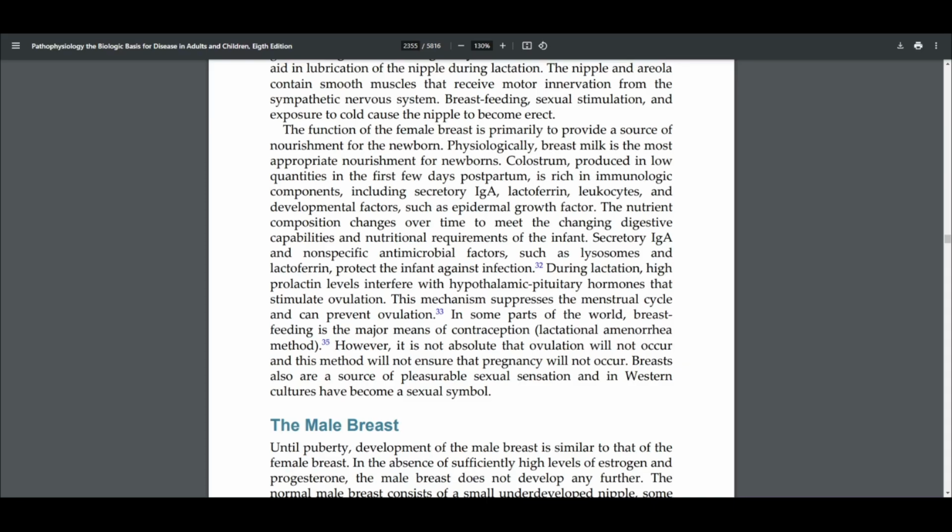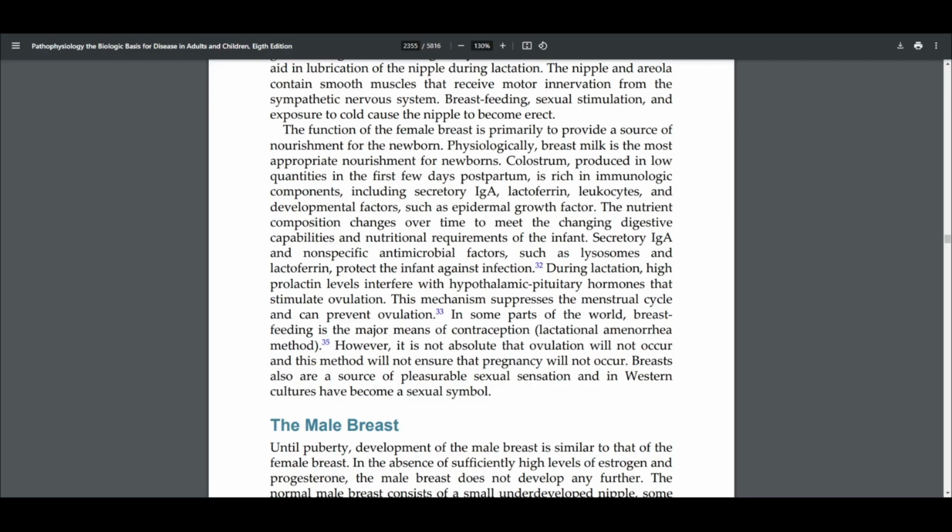The nutrient composition changes over time to meet the changing digestive capabilities and nutritional requirements of the infant. Secretory IgA and nonspecific antimicrobial factors, such as lysozymes and lactoferrin, protect the infant against infection.